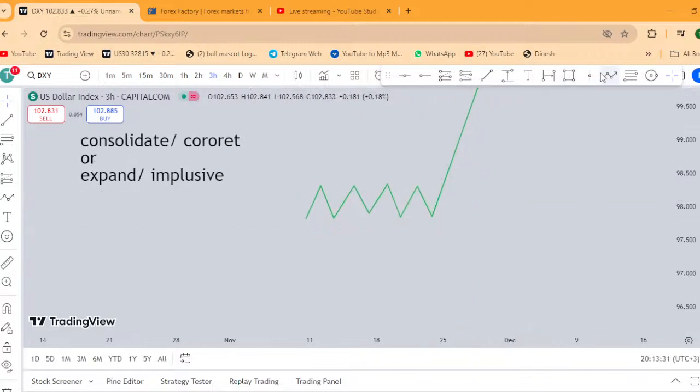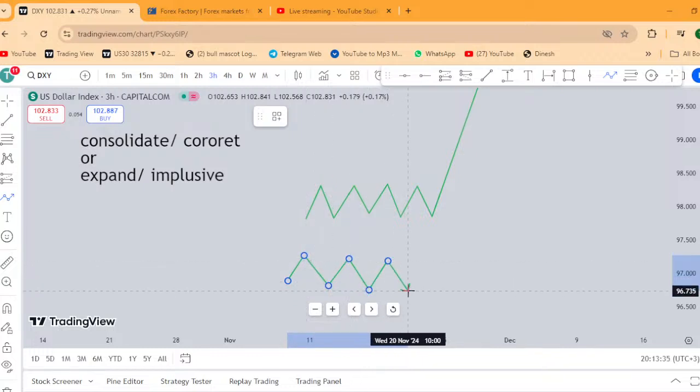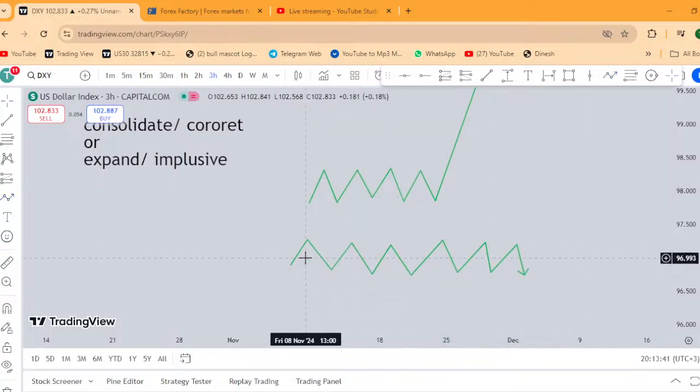Whenever you see a consolidation, it means there is a battle between two entities, either buyers and sellers. This is where the word liquidity comes in. Many of you already talk about liquidity, but this is where it comes in. Whenever you see a consolidation, we are having buyers, sellers, buyers, sellers. So it's a battle between two people.